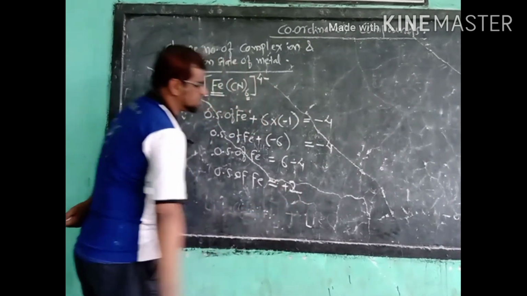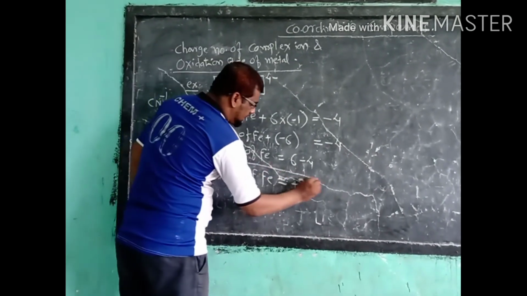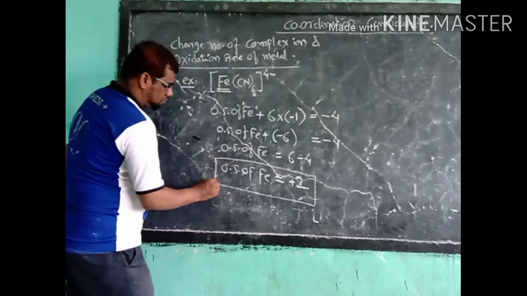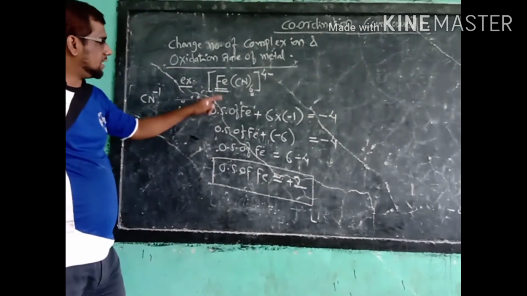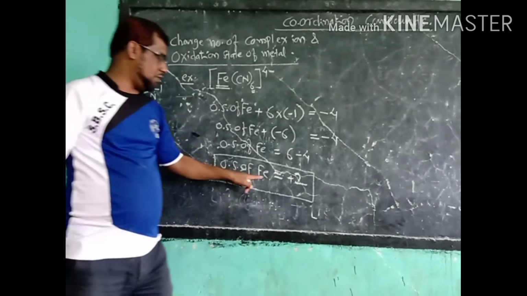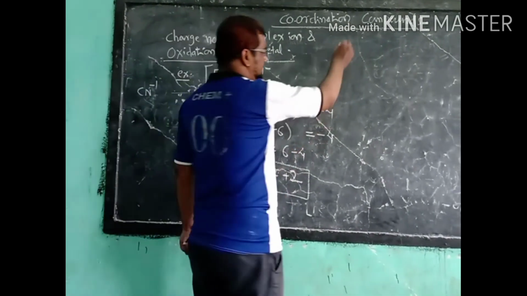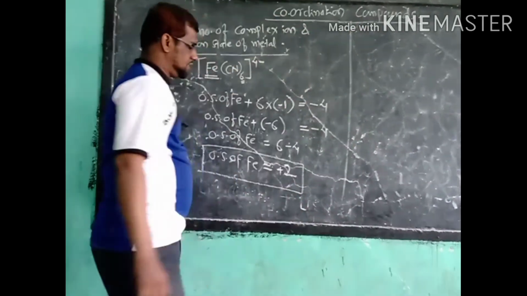Oxidation states are written with a sign, so the oxidation state is plus 2. Now we can conclude that in Fe(CN)6 4 negative, the oxidation state of Fe is plus 2. In this way we can calculate the oxidation state in such a complex ion.